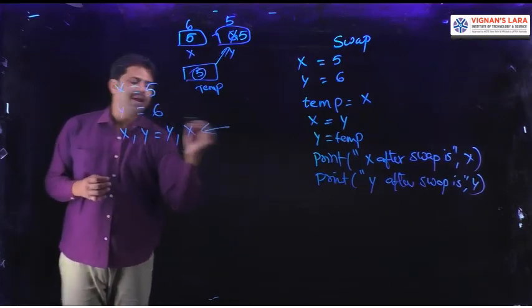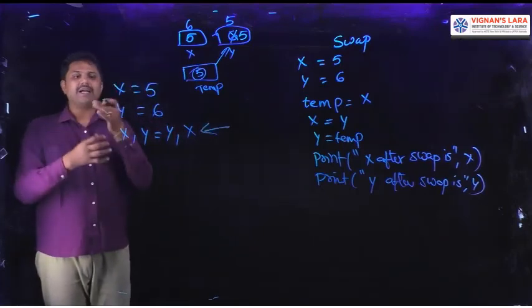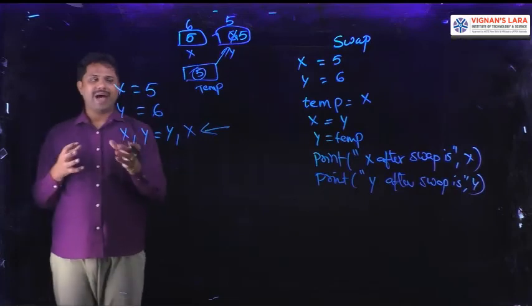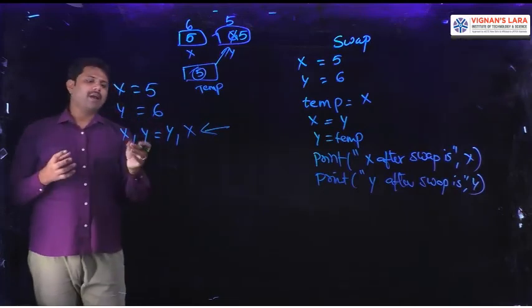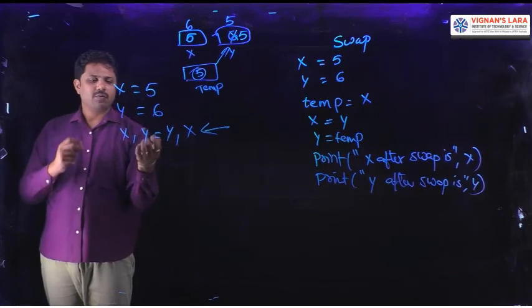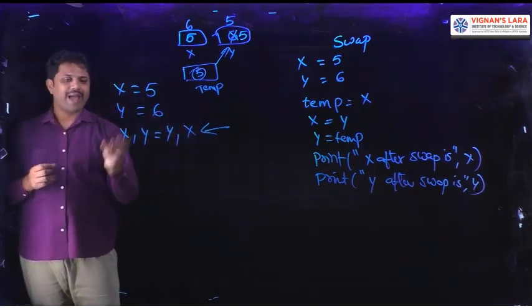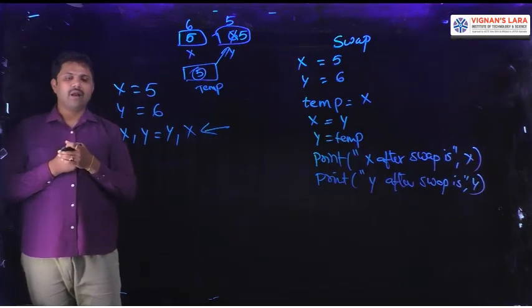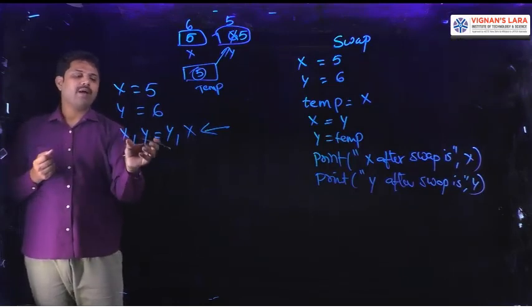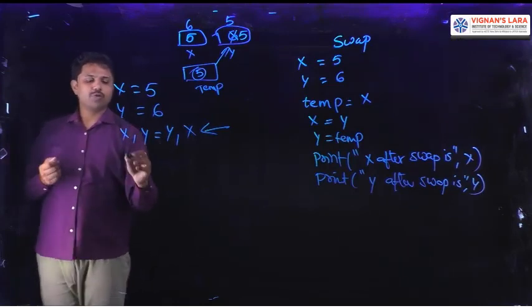This statement is performed at a single time. That's why the values get swapped. The passing of y to x and x to y happens in a single step.